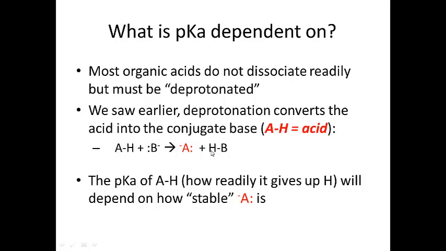Think about H being sympathetic to A. If H knows that A cannot handle that negative charge that's being left behind, H is not going to readily leave with B. However, if H knows that A can handle the charge, then H has no problem leaving with B because A can handle itself. Hopefully that makes some sense.